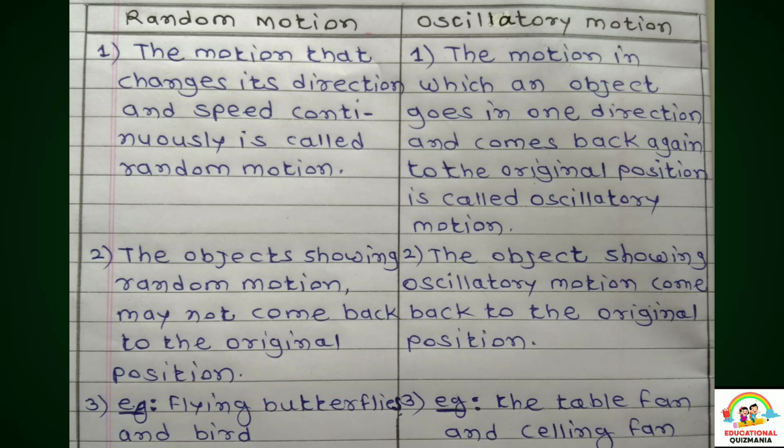The objects showing random motion may not come back to the original position. The objects showing oscillatory motion come back to the original position. Example of random motion is flying butterflies and birds. Example of oscillatory motion is the table fan and ceiling fan.